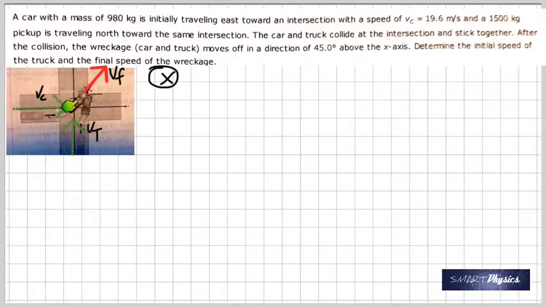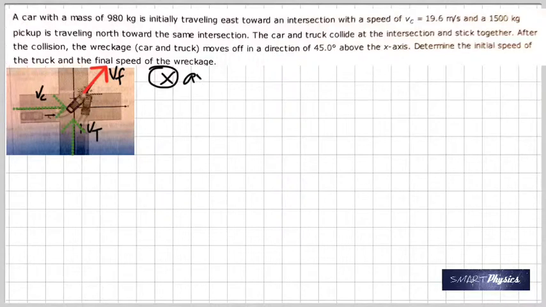But the final momentum is the mass of both of them together, because they are sticking together, times the final velocity and the cos component, because when you take the cos component, that is what is going to be along the x-axis.